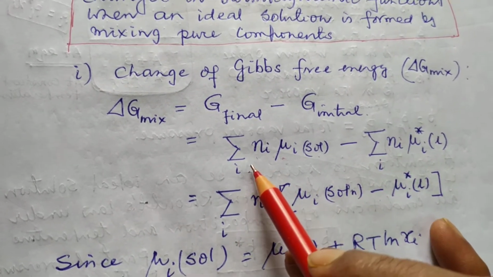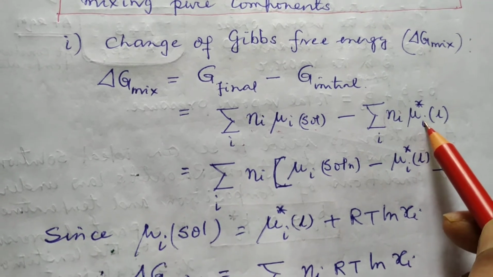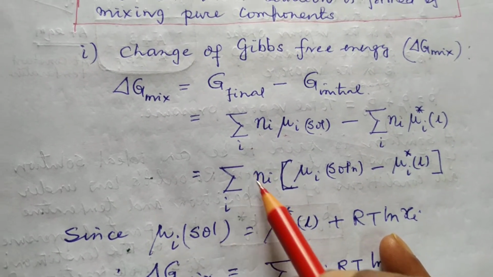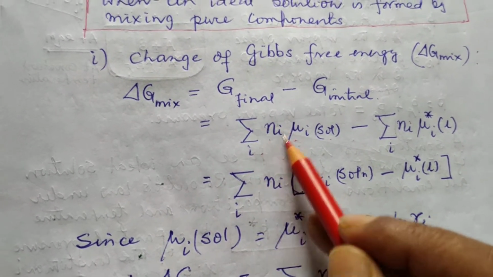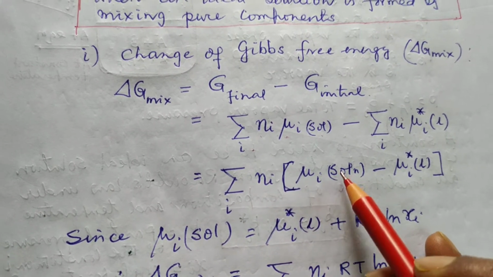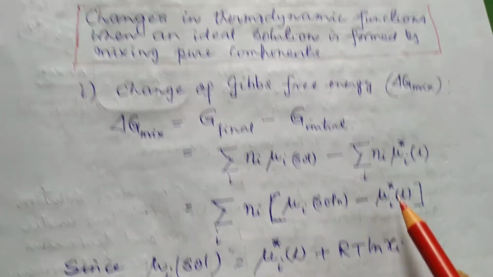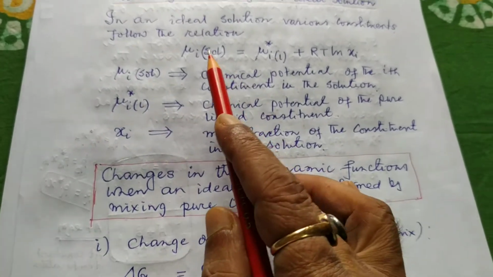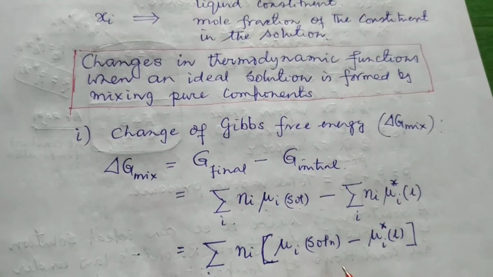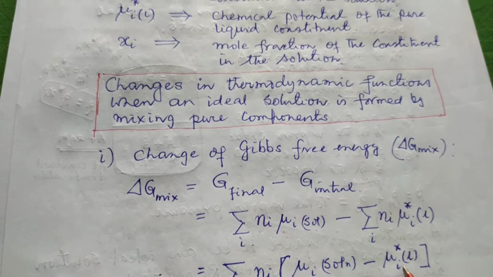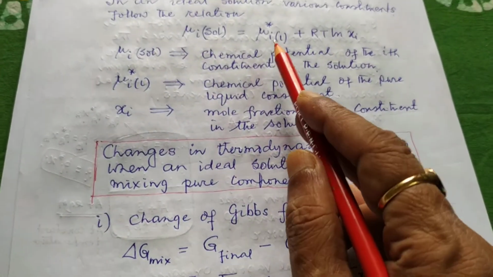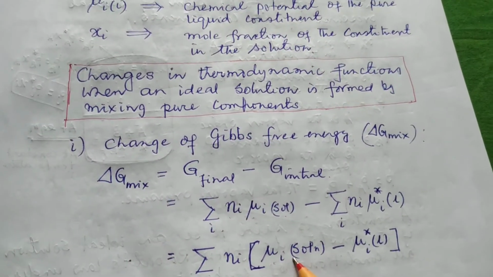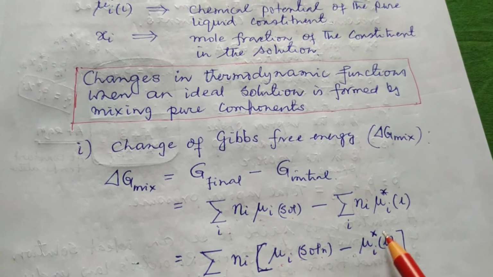So this gives the change in free energy, which equals sigma over i of Ni. If we take Ni common, then mu i solution minus mu i star liquid. Now if we put the value of mu i solution here, this equals mu i star liquid plus RT ln Xi minus mu i star liquid.